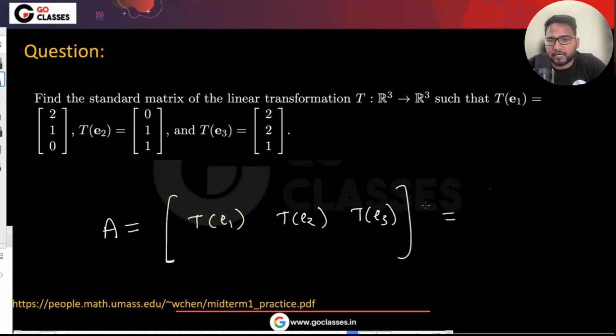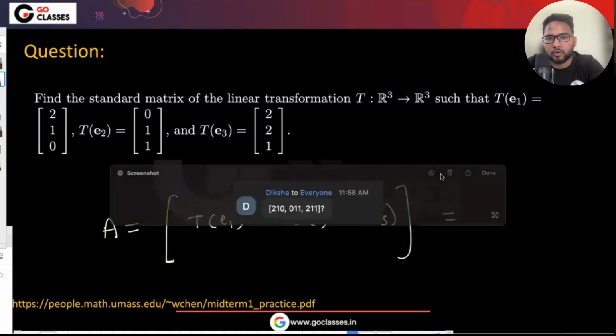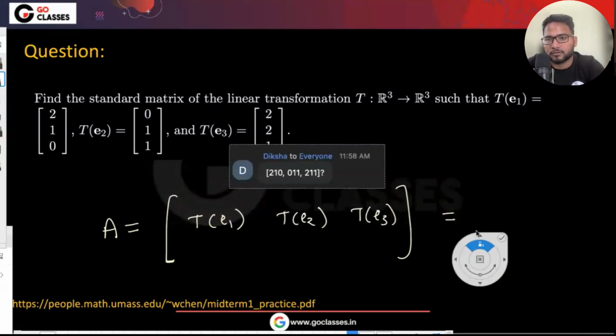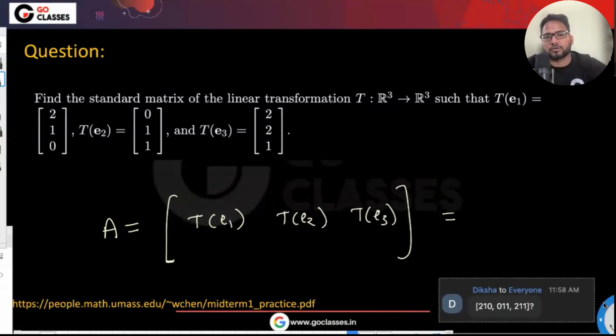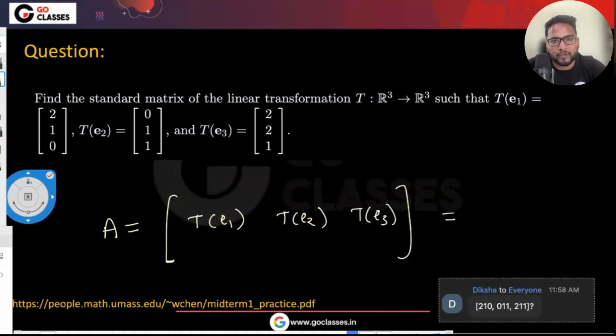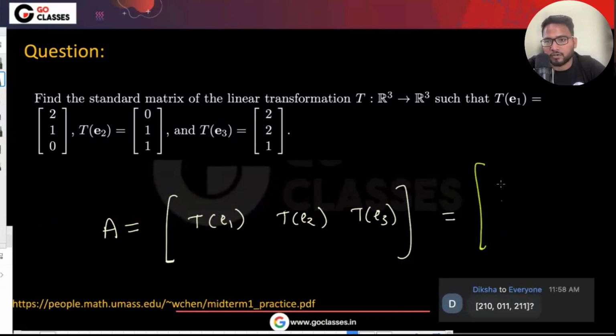Diksha has given the correct answer. Let me write her answer here also, which is 2 1 0, 0 0 0 1 1, like this, right?